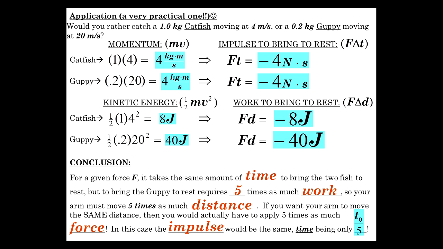Okay, kind of hard to make the sound effect to show you what I'm talking about, but by the time it contacts your hand, it'd be over with. Whereas before, it took 5 times the time, where the distance is much greater.